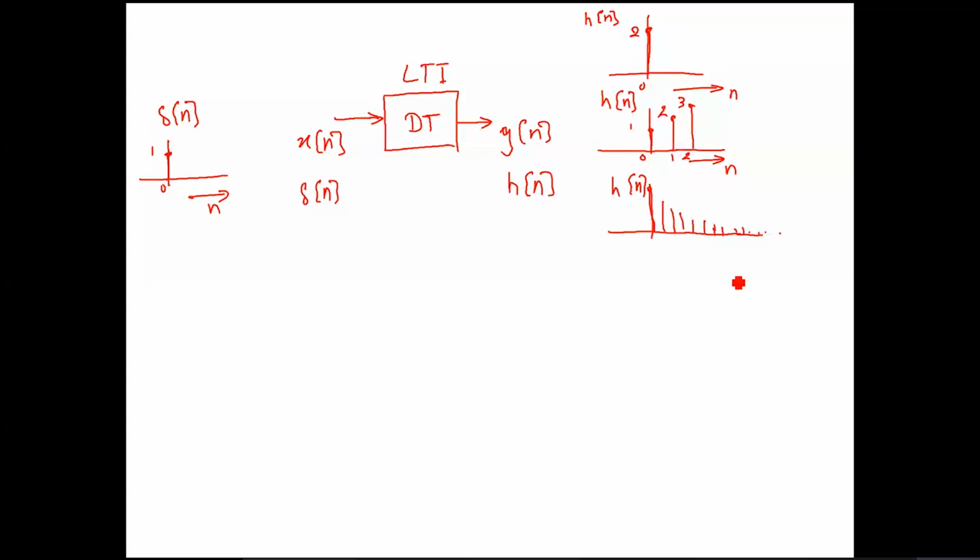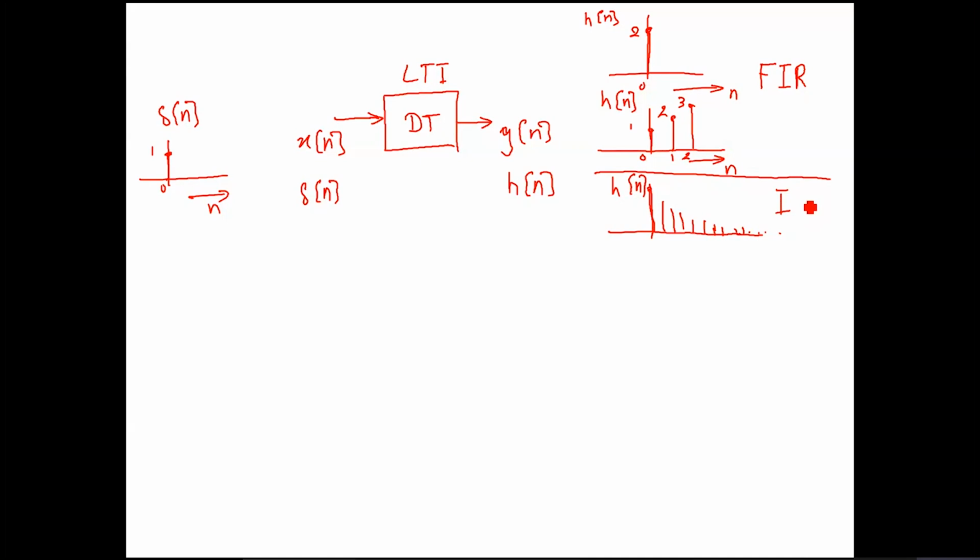Based on this, we can categorize the response that we get as either a finite impulse response system, a system which as a result of a single impulse gives us a finite number of impulses as a response. So finite impulse response systems are one particular category of system.